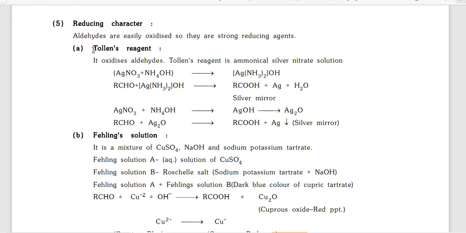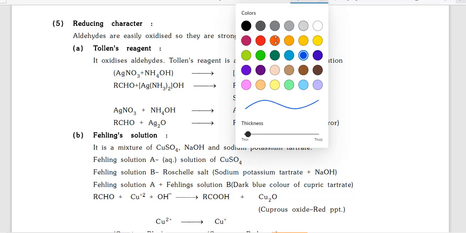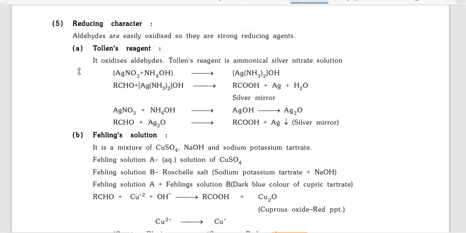The first one is the Tollens test. The Tollens test is given by only aldehydes. It oxidizes aldehydes. Tollens reagent is ammoniacal silver nitrate solution.